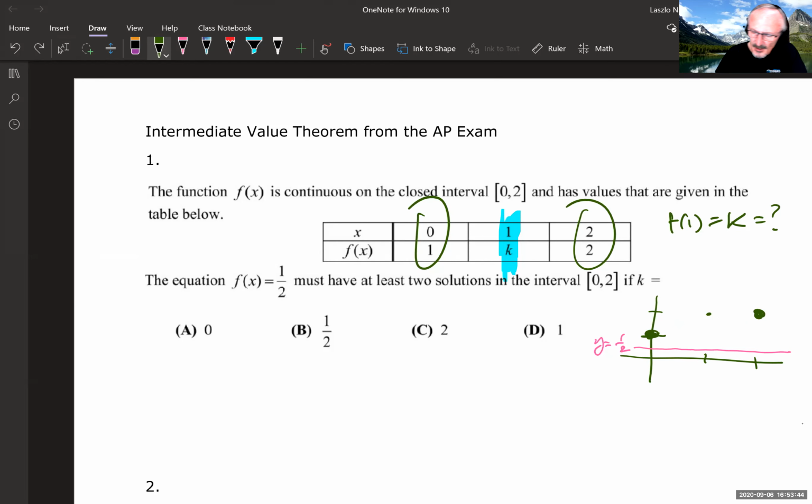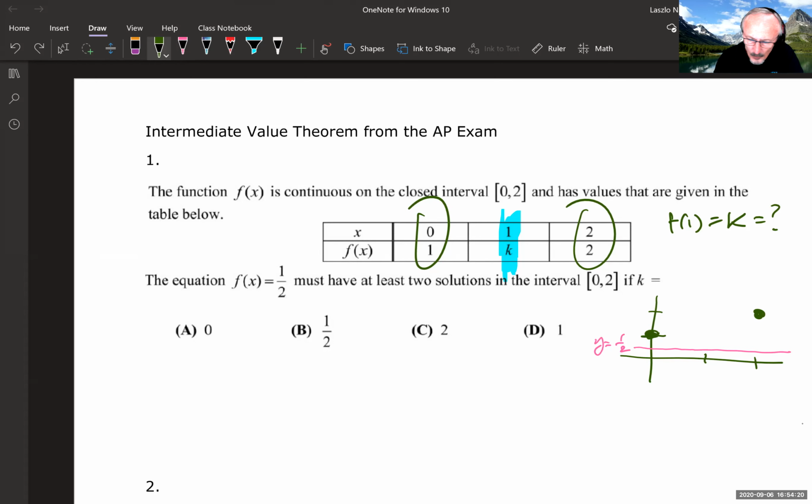And let's see, if we draw 1, well, again, that wouldn't really help us, because that would give you a point somewhere here. And again, all we're looking for is something that would guarantee that there will be 2 points of intersection. And you could perhaps have 2 tangencies like this, but unless this value of f of 1 is smaller than 1/2, there is no guarantee of 2 points touching or crossing this horizontal line, y equals 1/2.